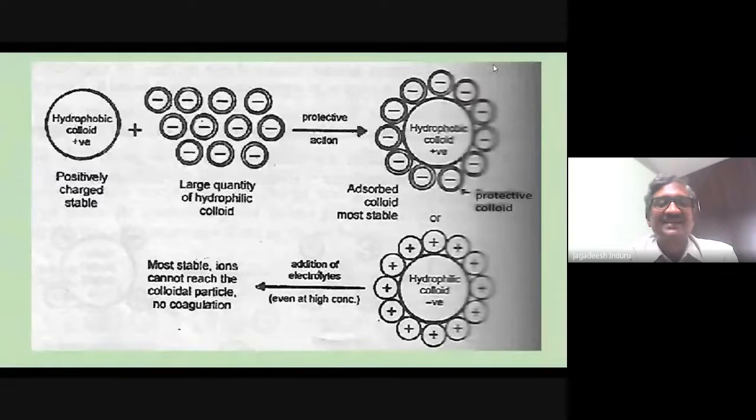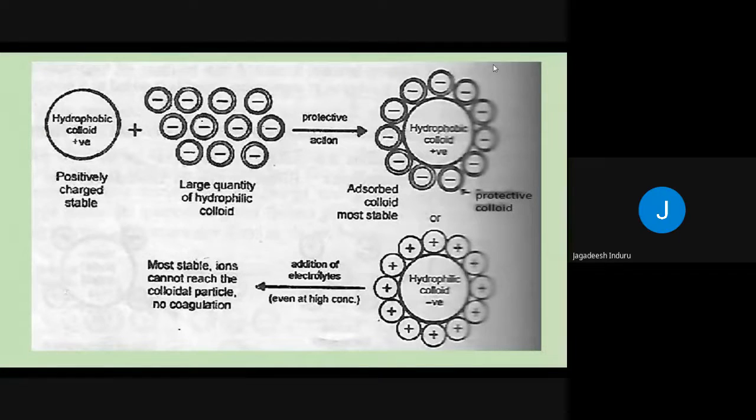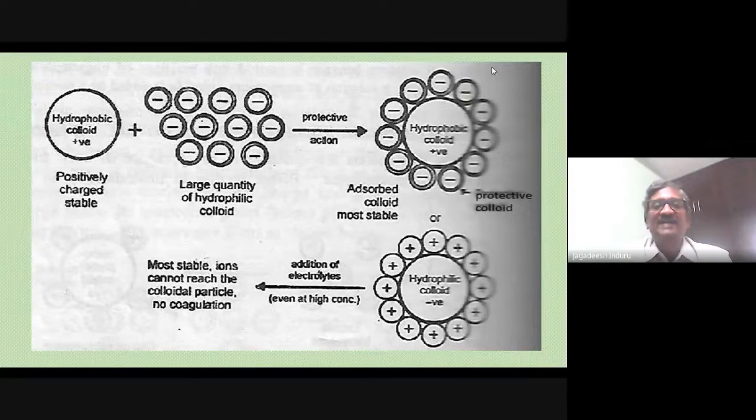In that particular case, the ion cannot reach the colloidal particles and no coagulation is observed because of this protective action. So this protective action is preventing charge depletion and agglomeration, and the colloid will behave as a hydrophilic in nature only, not as a hydrophobic one, because of the protective action.